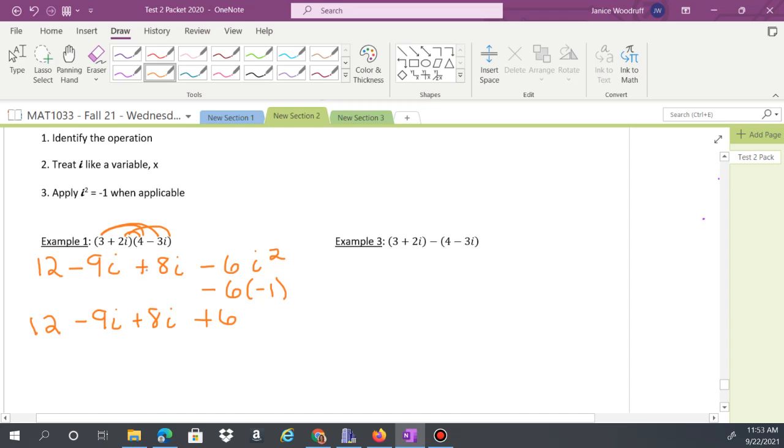So I'm just bringing down these first three terms. Now I combine like terms. So I have 12 plus 6, 18, negative 9 plus 8. What's that going to be? Negative 1. Negative 1i. So just negative i.